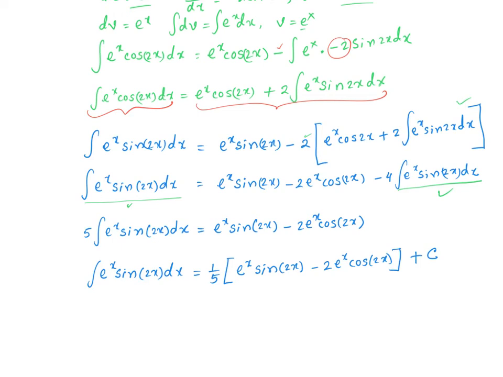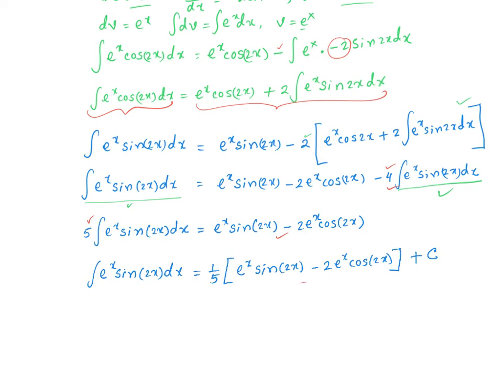There is a negative 4 times the integral part, and if I bring it to the left, it becomes positive, giving me 5 times the integral. The right hand side didn't change much except for this term going to the left. Now I divide both sides by 5 and get 1/5 times this.